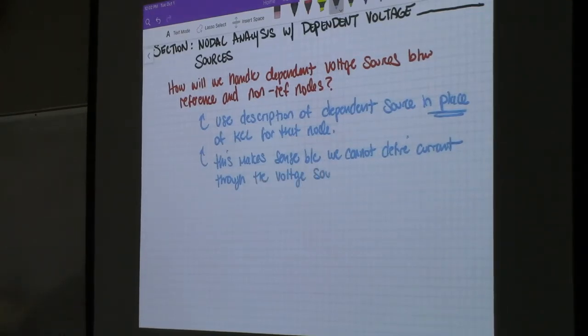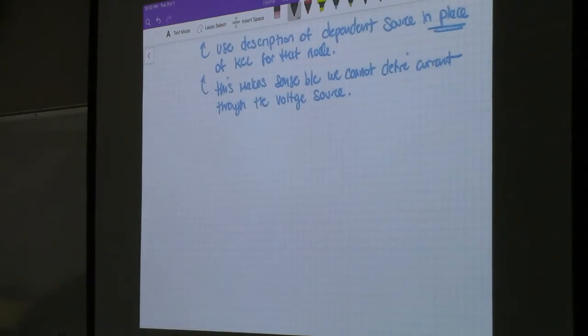There is no Ohm's law for a current source. For a current source, we know the current throughput by default. For resistors, we have Ohm's law that tells us, but for the voltage source, there's no unless we use the rest of the circuit to solve. There's no way to do that. All right, so let's jump into this example.